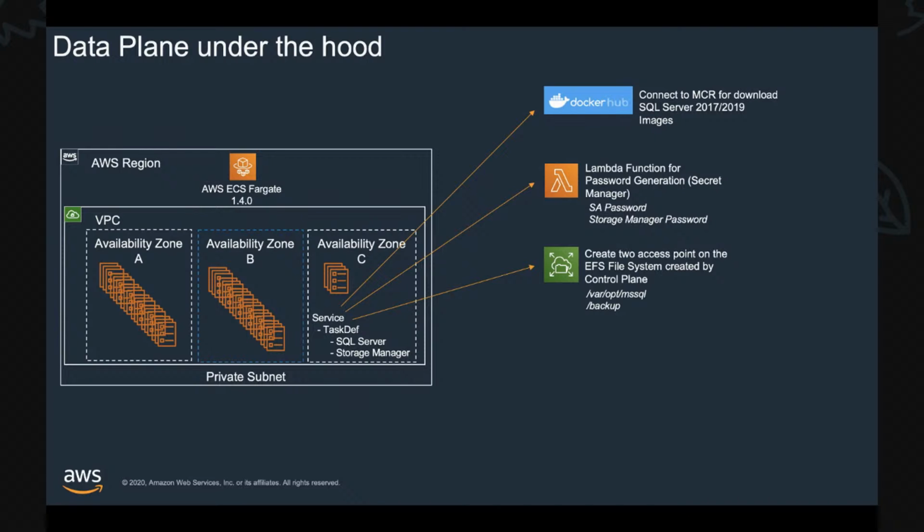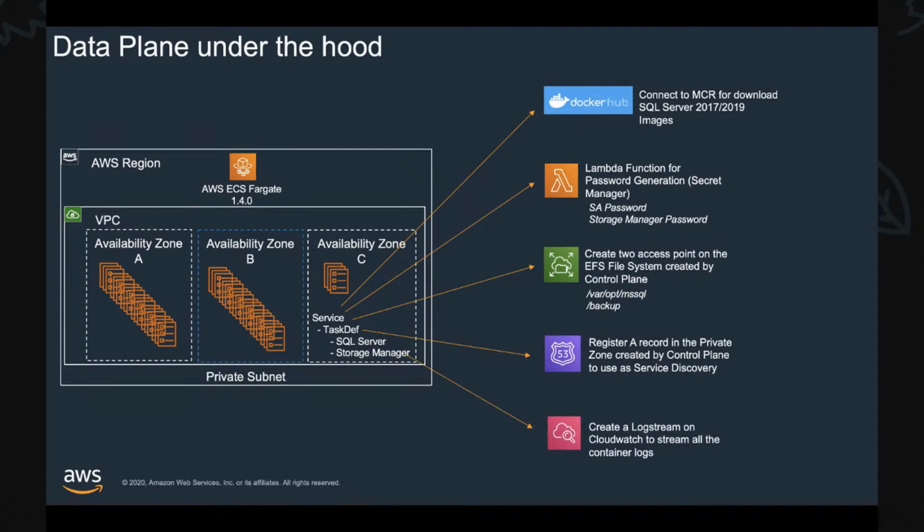One of them is /var/opt/mssql, where the database binaries and database files will reside, and /backup is for backups and restores. And again, the solution uses Route 53 and Cloud Map service discovery features and registers the A record for the containers in Route 53. Finally, the container logs are streamed to CloudWatch.